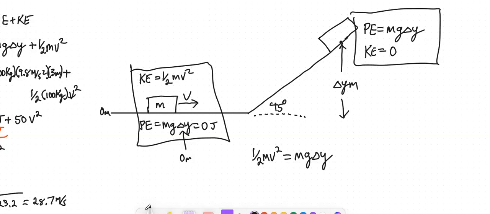Here's the fun part. The mass will cancel out. So we get 1/2 the velocity squared will be equal to g, the acceleration due to gravity, times the vertical height as it goes up the hill there. And so we should be able to find a formula for the velocity here, which should be the square root of 2 times the acceleration times the vertical displacement delta y.